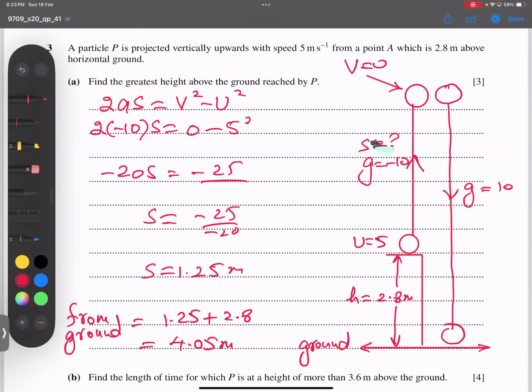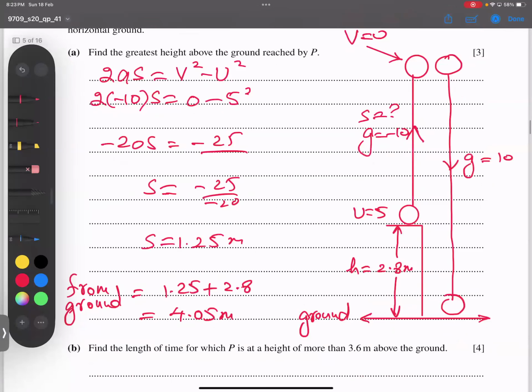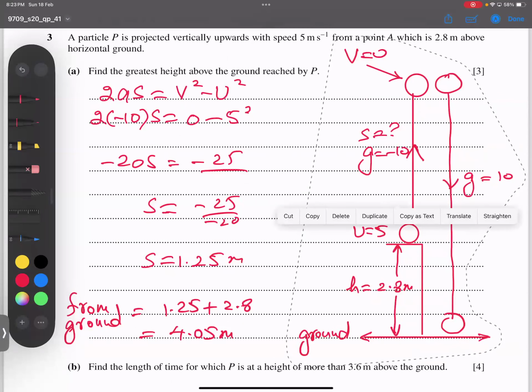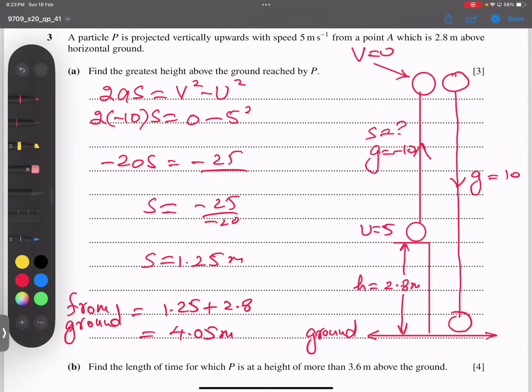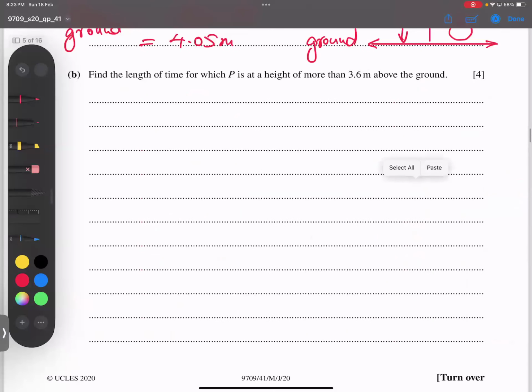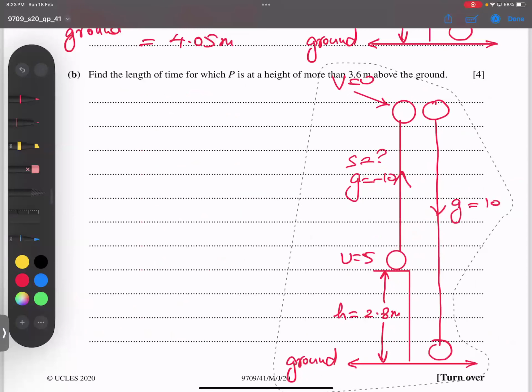For part number 2, students, I will copy the whole diagram again and do it again. Concentrate.